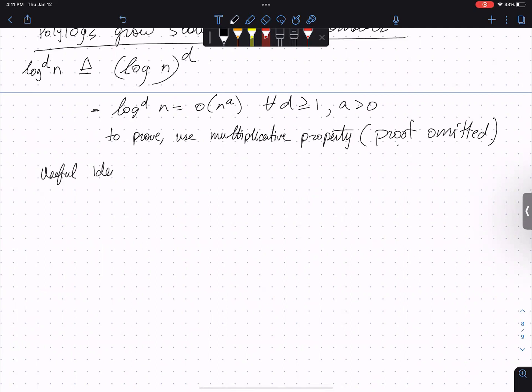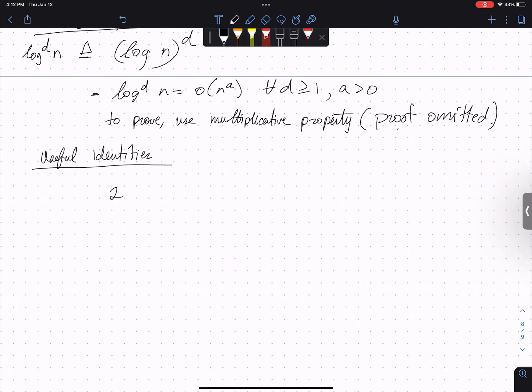Now, some useful identities. This is just going to be some algebra, but it's going to come up. So first of all, is this an exponential function? How many of you think it's an exponential function? How many of you think it's a linear function? Okay, so if it's a linear function, it's n. This is just the property of logs.